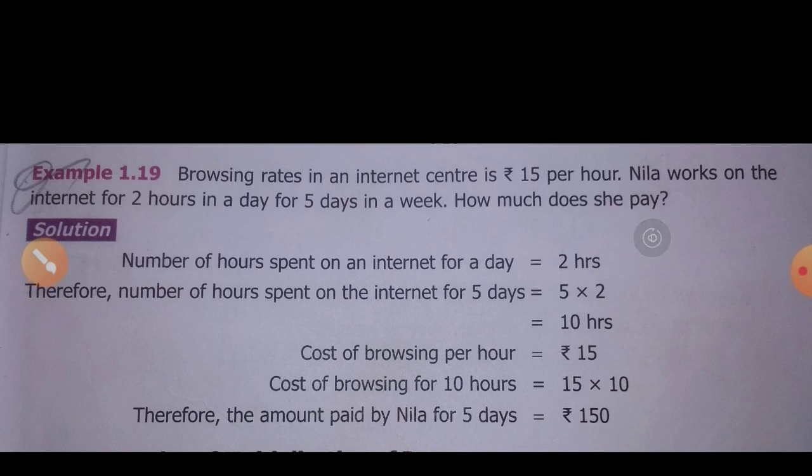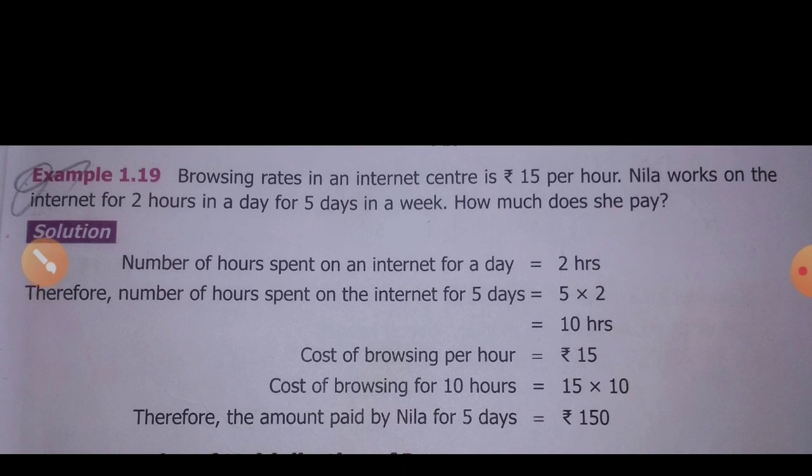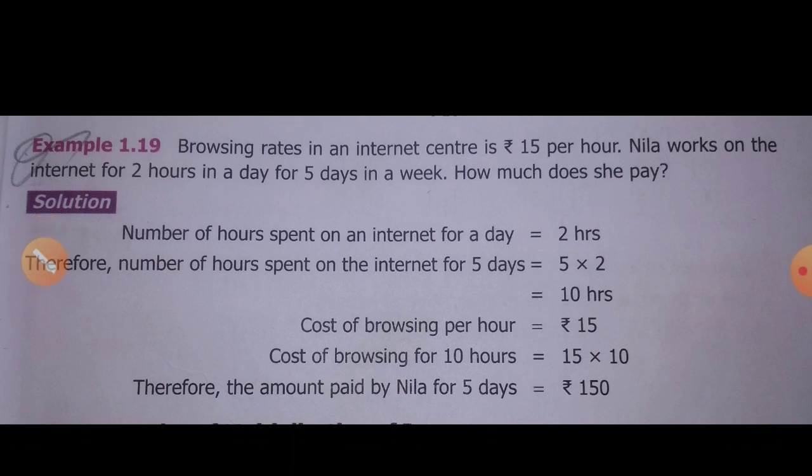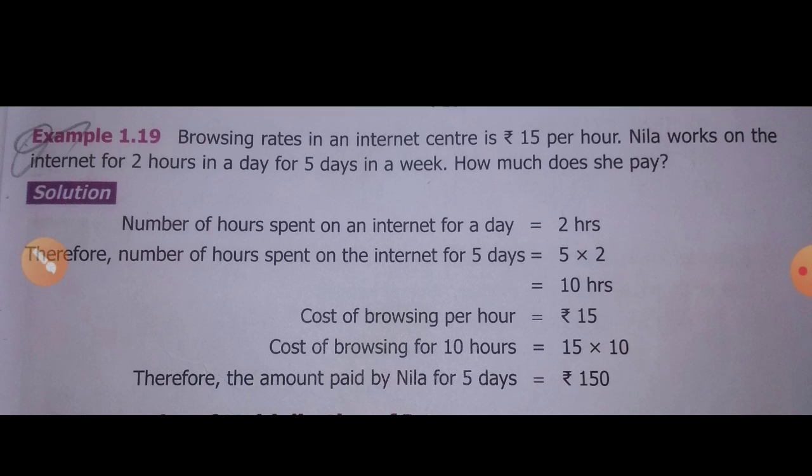Number of hours spent on the internet for 1 day is 2 hours. Therefore, number of hours spent on the internet for 5 days is 5 into 2, that is 10 hours.